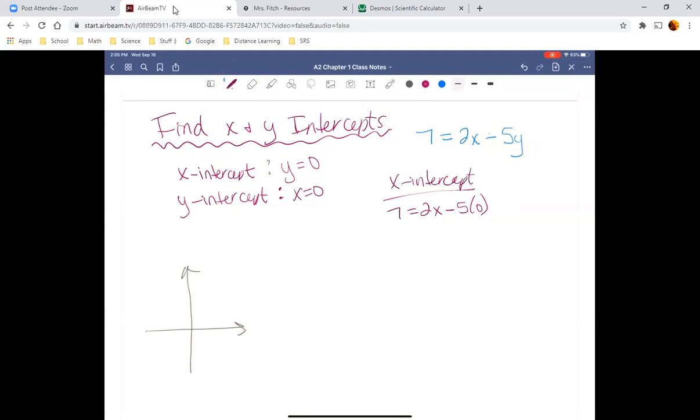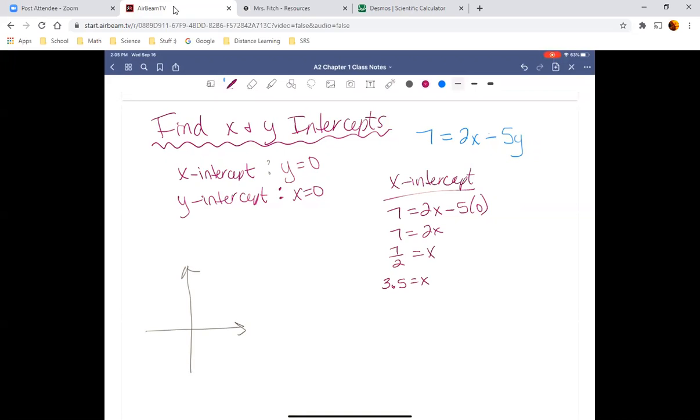So then we're going to do a little algebra. What are we going to get? 7 equals 2x. So my x is going to equal 7 over 2. Could we simplify that if we wanted to? What's 7 over 2? 3.5, right?